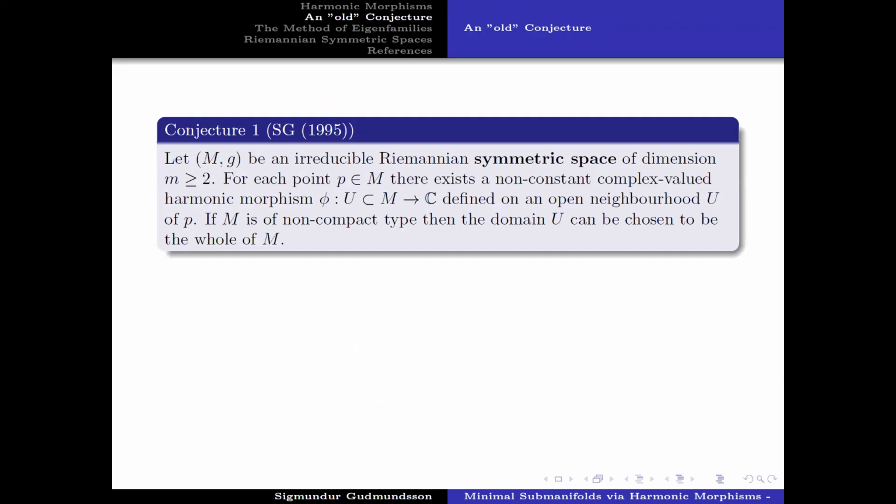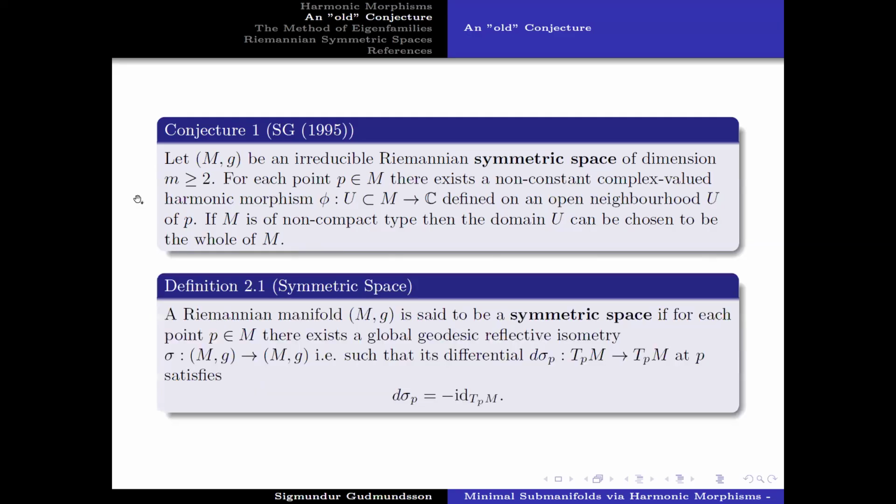For each point, there exists a non-constant complex-valued harmonic morphism defined on an open neighborhood U of the point. If M is of non-compact type, then the domain U can be chosen to be the whole of M. When I stated this, I think in a talk in Leeds sometime, people laughed at me. You're a pretty crazy guy.